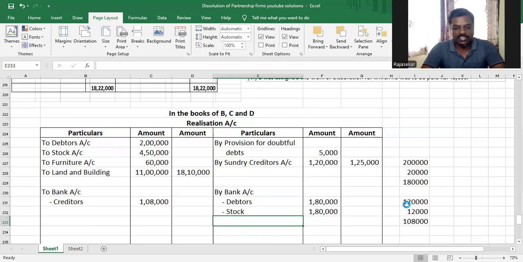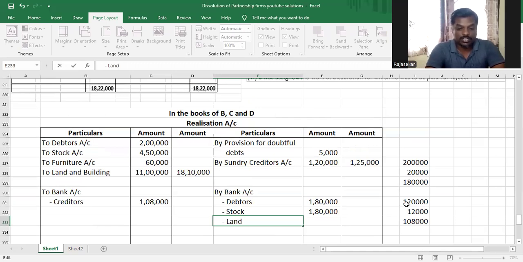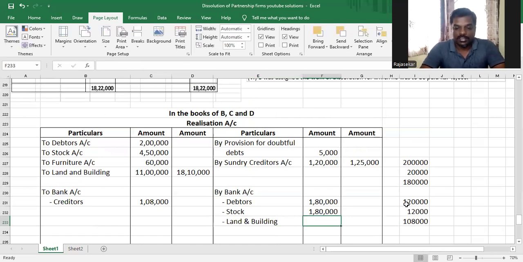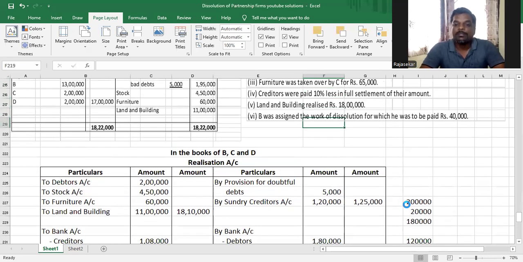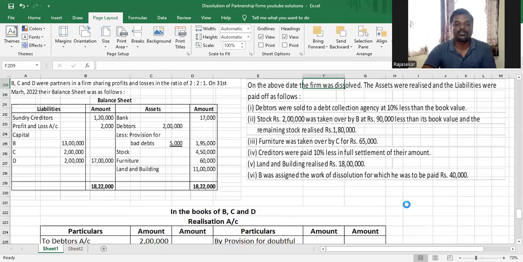So an asset realized, journal entry is bank account debit to realization account, and you'll write land and building 18 lakhs. I think it realized 18 lakhs, right? Yeah. B was assigned the work of dissolution for which he was to be paid rupees 40,000.